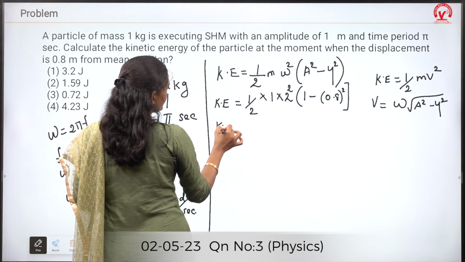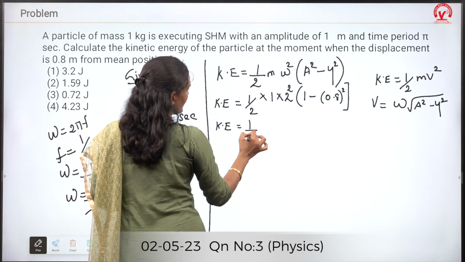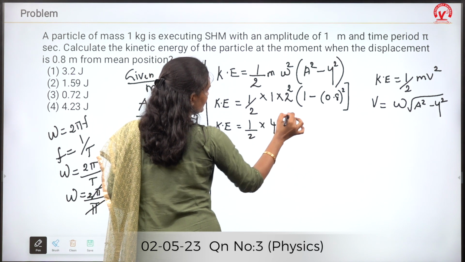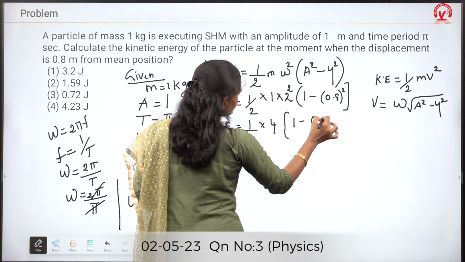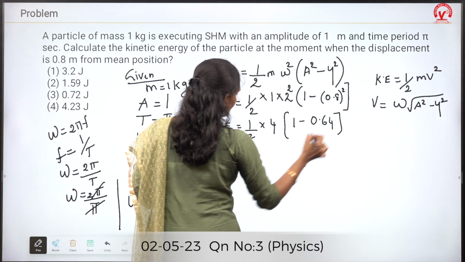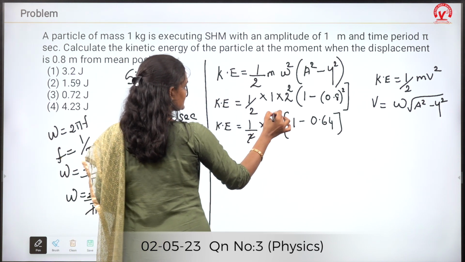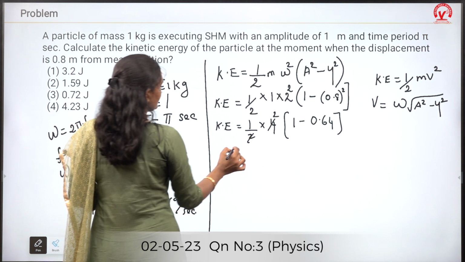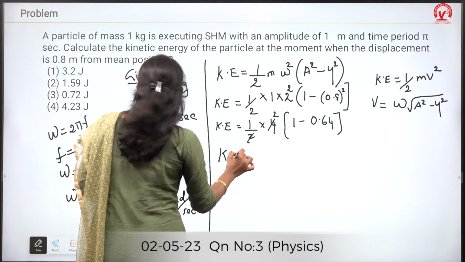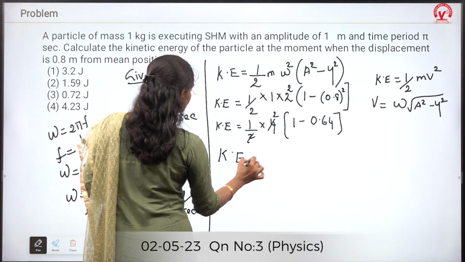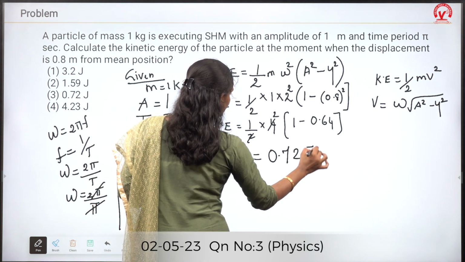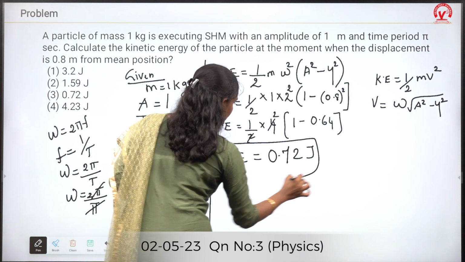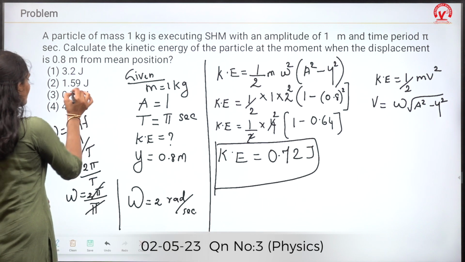Now kinetic energy is equal to half into 4, and 0.8 the whole square is 0.64. Now this gets cancelled. On substituting this, you will get the kinetic energy as 0.72 joule. So the option is 0.72 joule.